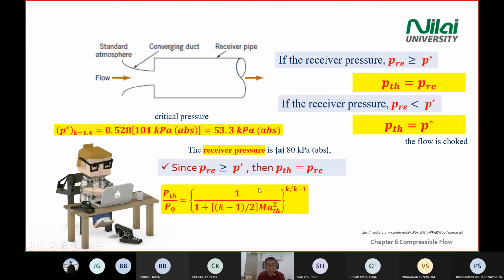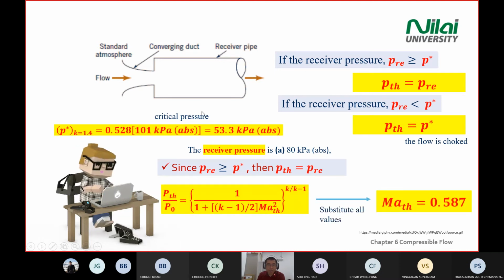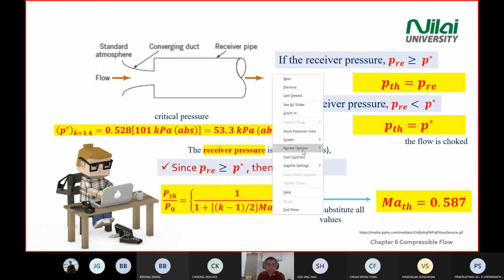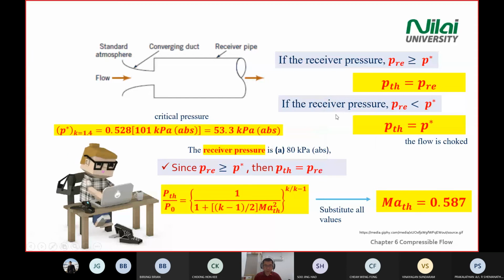You can find your Mach number. What happened to the Mach number? Okay, so you substitute all the values.